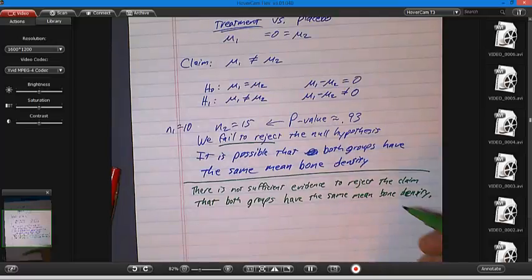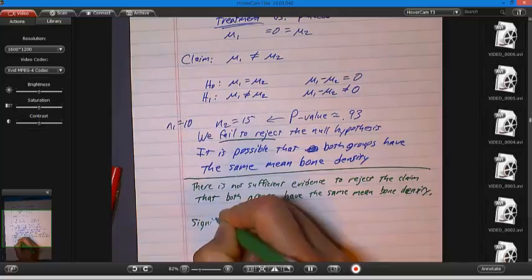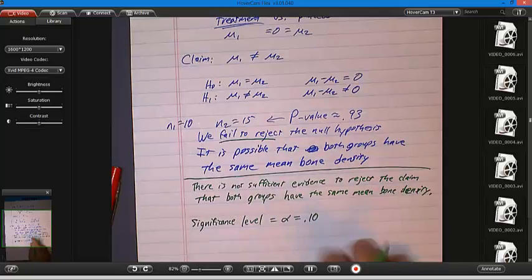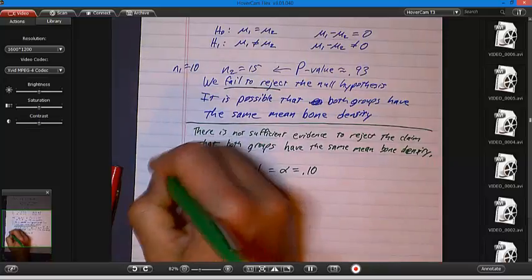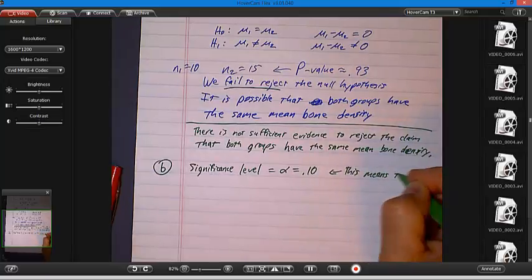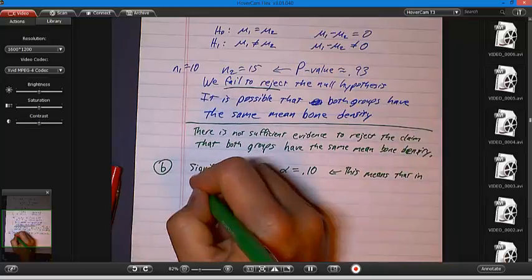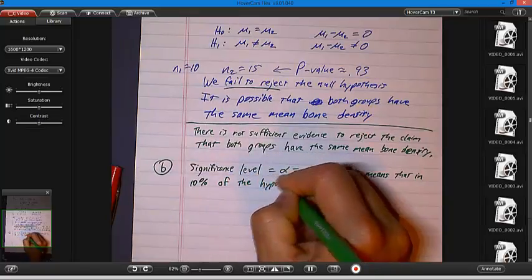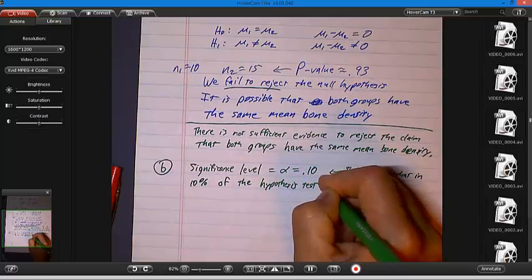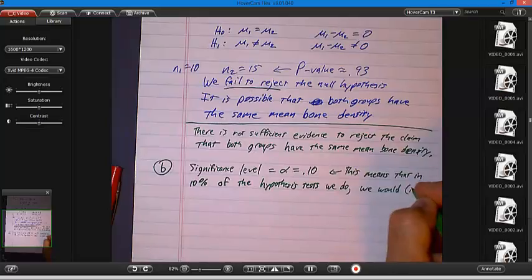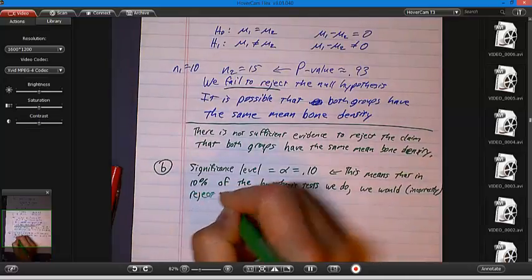But already, if I understand that the significance level, which is alpha, is 0.10 or 10%, okay, part B, this means that in 10% of the hypothesis tests we do, we would (incorrectly, because it would be incorrect) reject the null hypothesis.